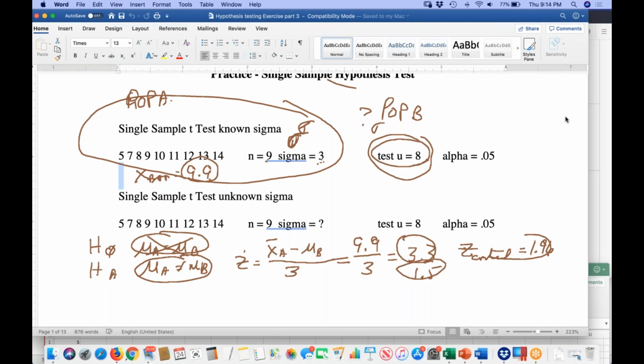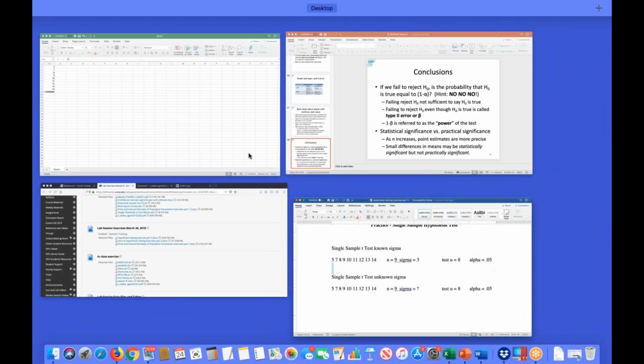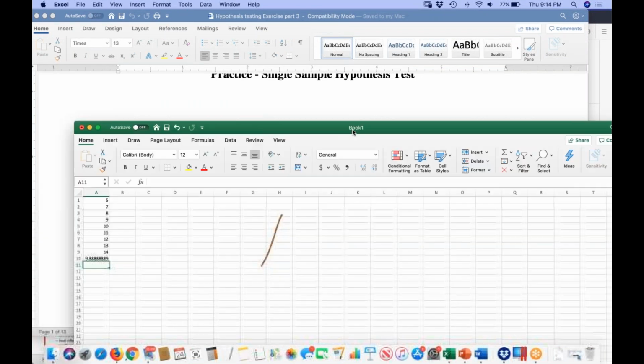Okay, so let's take a look at this. If we hadn't known what sigma was, how would this look? When we worked with Excel, we would have calculated our standard deviation from that sample. So what's our standard deviation equal to?